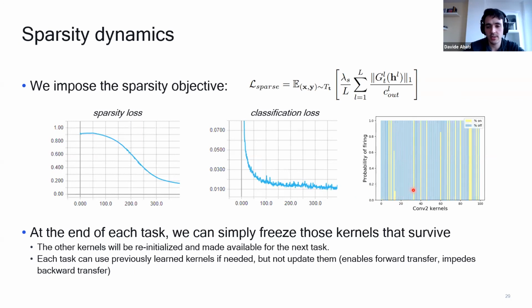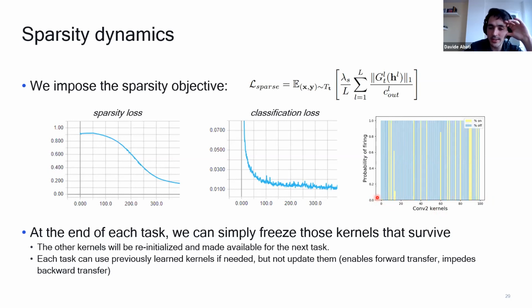So we can just select some filters based on a threshold of this histogram, and we use just a zero threshold. So if one kernel only fires 1% of the time, we will select it anyway, but other choices can be made here, maybe even smarter.